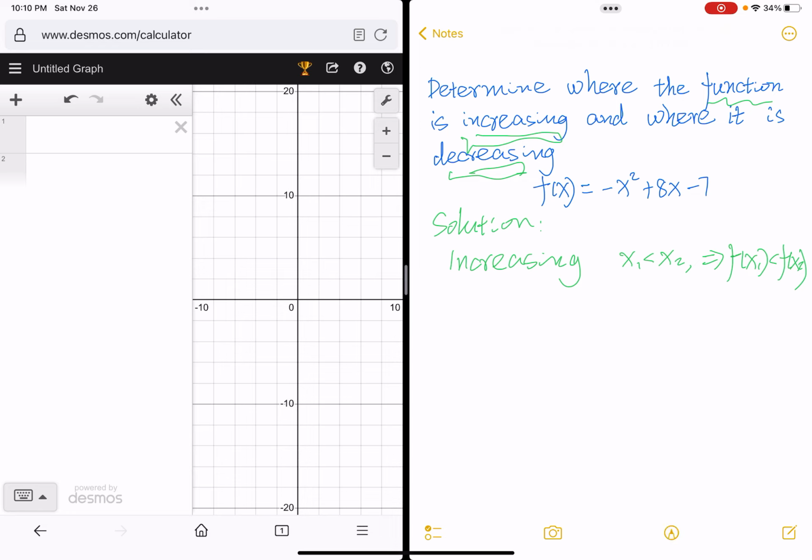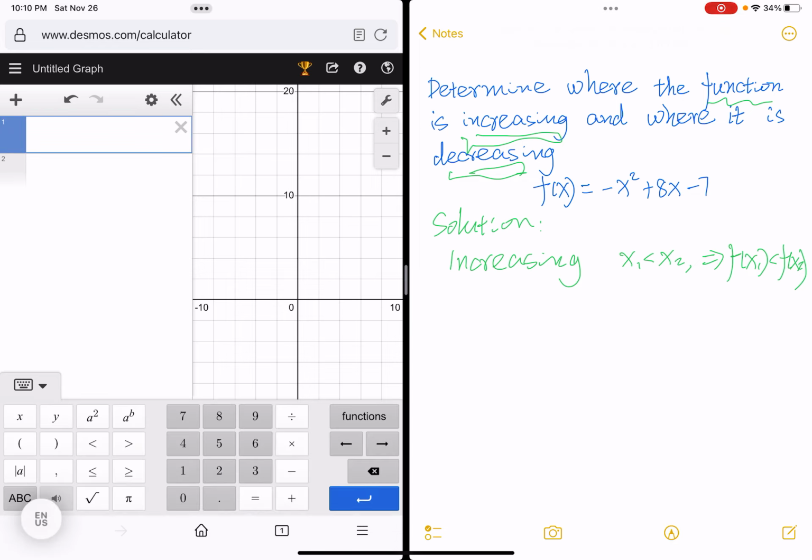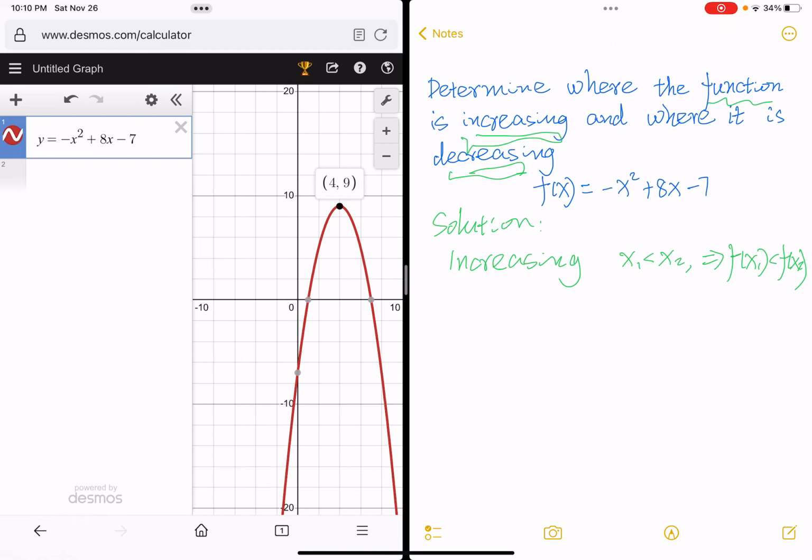So when we draw this picture, we have y equals negative x squared plus 8x minus 7. So you can see here, 1 is less than 4.